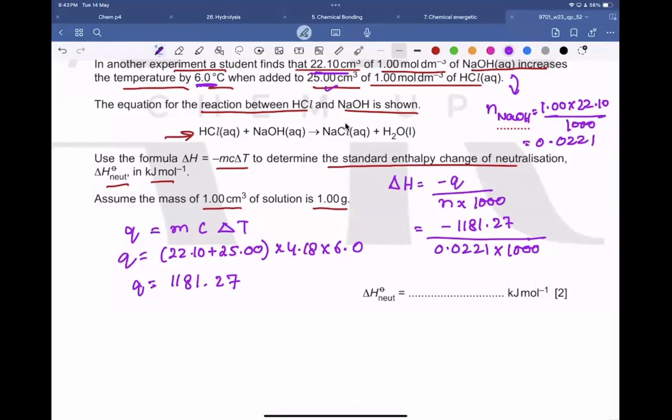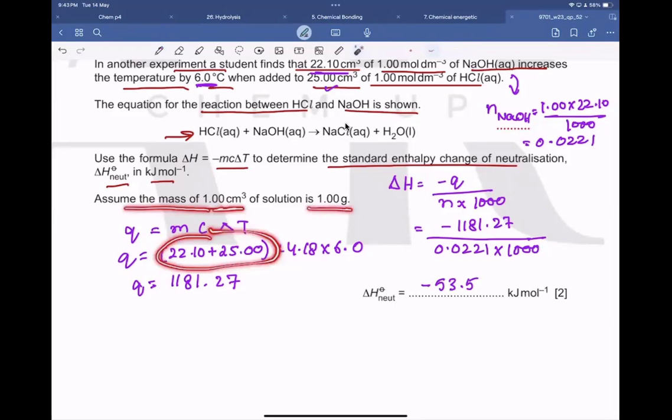It's minus 53.5. So minus 53.5 to three significant figures. Yeah, it's 4.18, that is C, the specific heat capacity. The mass is this. See, they have told you to assume the mass of 1 cm³ of solution is 1 gram, so whatever the total volume of the solution, that is considered as the mass.